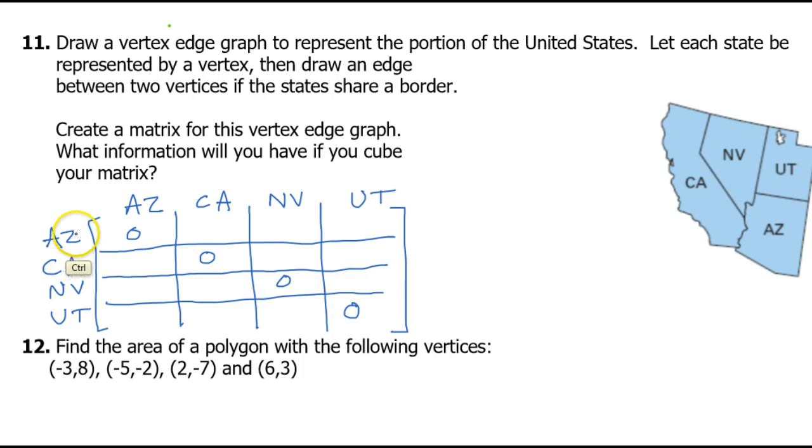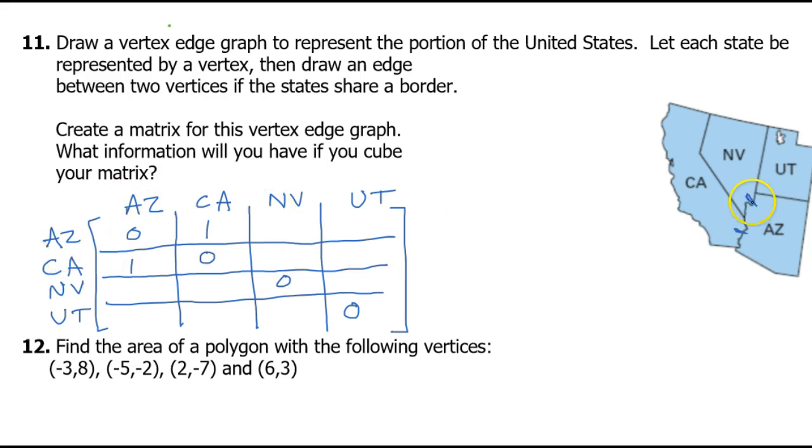All right, on the other hand, how about Arizona and California? Yeah, Arizona and California share a border right there. So that's why I'm going to put a 1 there between Arizona and California, and that'll go in both places. What about Arizona and Nevada?